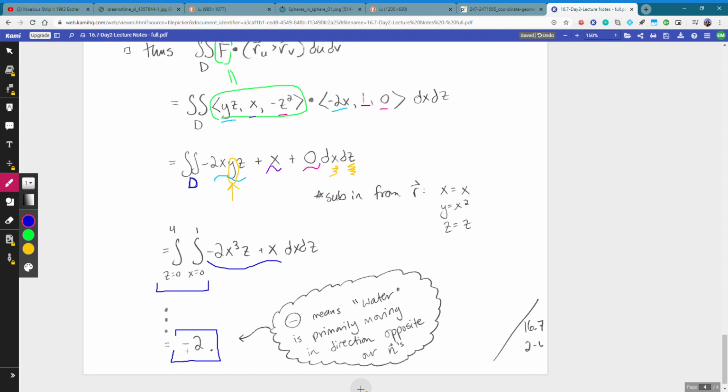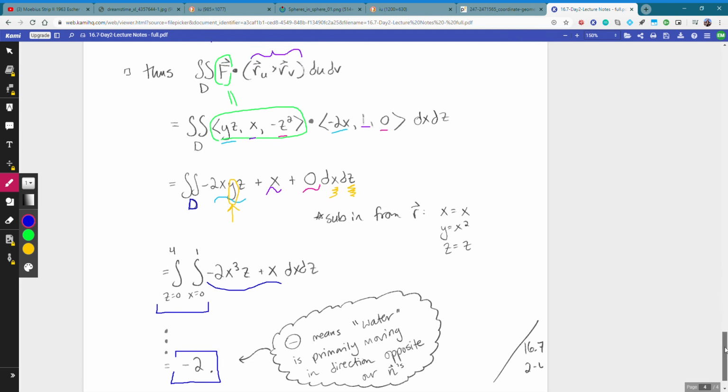And here, just looking at the sign of our result, that negative, thinking physically, this is telling us that our water from our green vector field is primarily moving in the direction opposite our chosen normal direction.